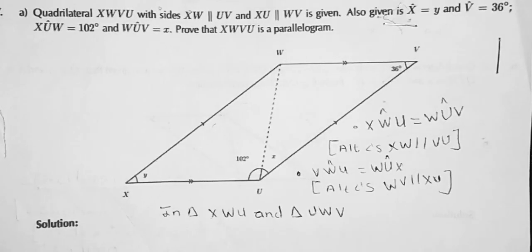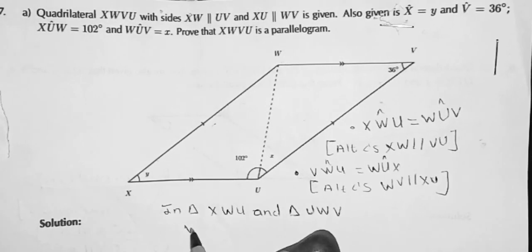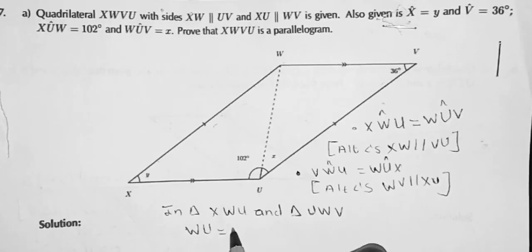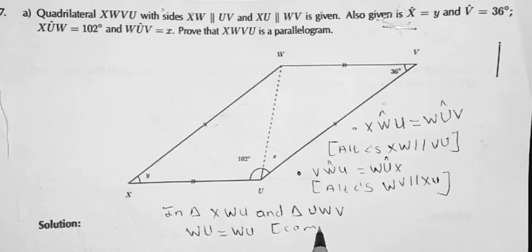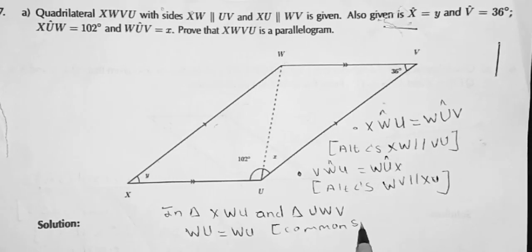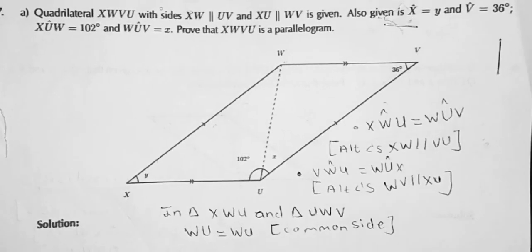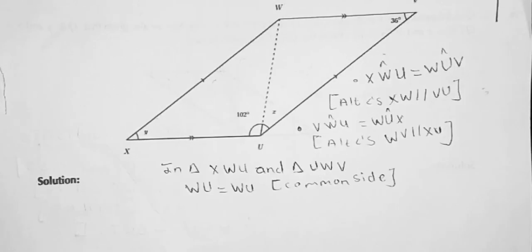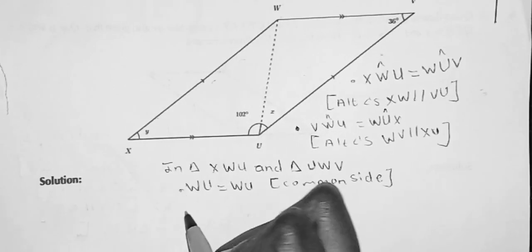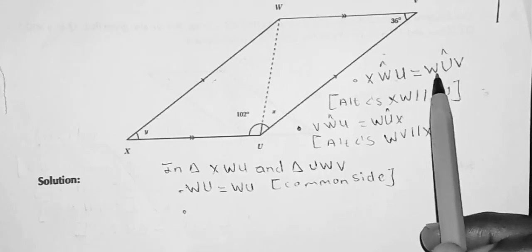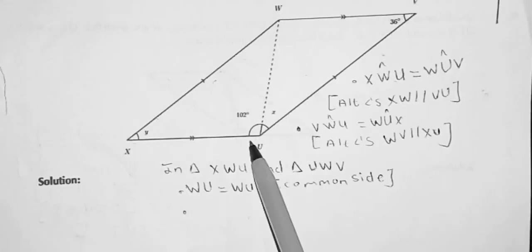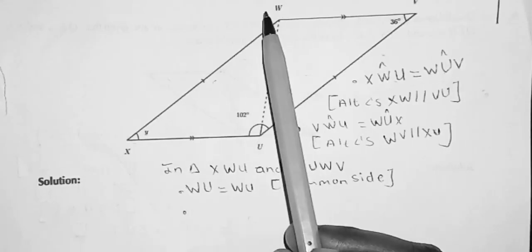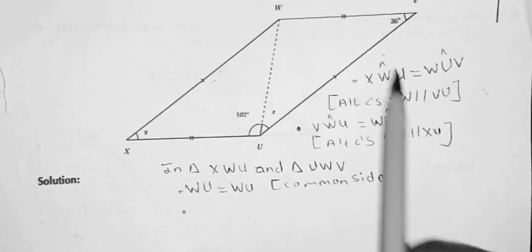So we want to prove the congruency. We know that WU is equal to WU, common side. And also angle XWU is equal to angle WUV.